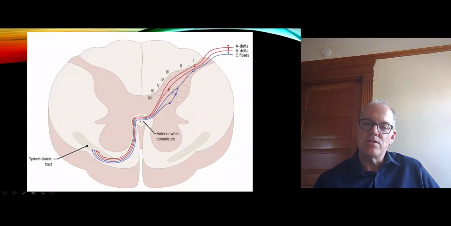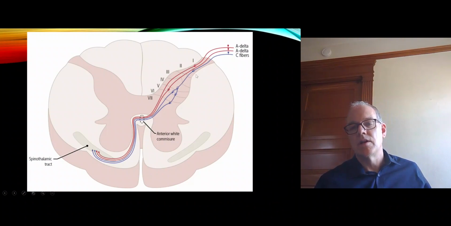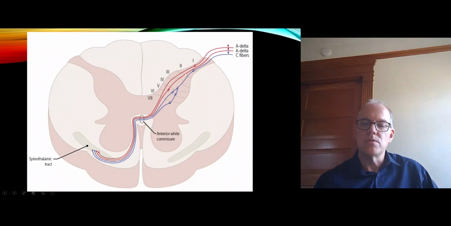I emphasized in our lecture on the spinal cord layer 2, the substantia gelatinosa, and that's the predominant area of synapse for the smaller C fibers, and is very important for that type of pain as its first synapse on the way up to the brain. We'll see there are a number of pain pathways, but a lot of this is going to feed into the spinothalamic tract. That's the one we've talked about so far.